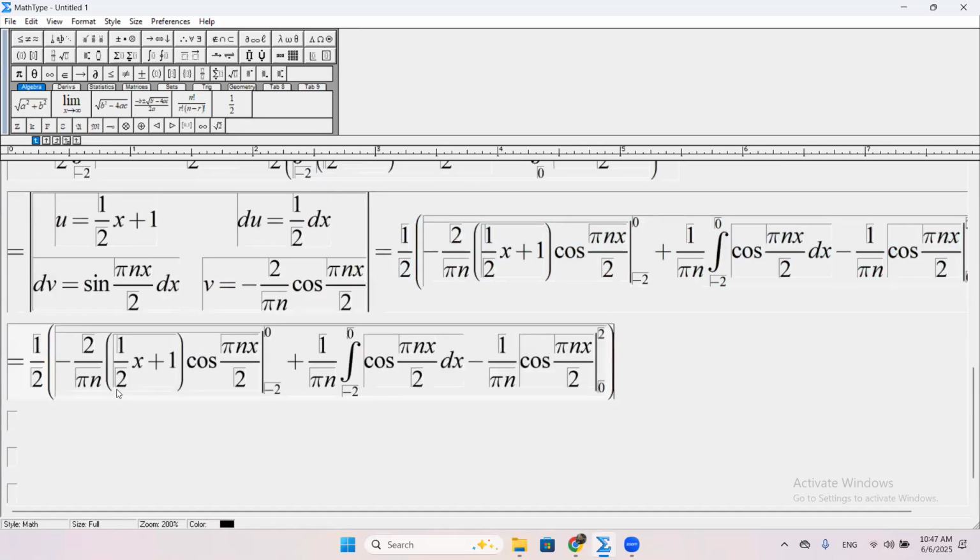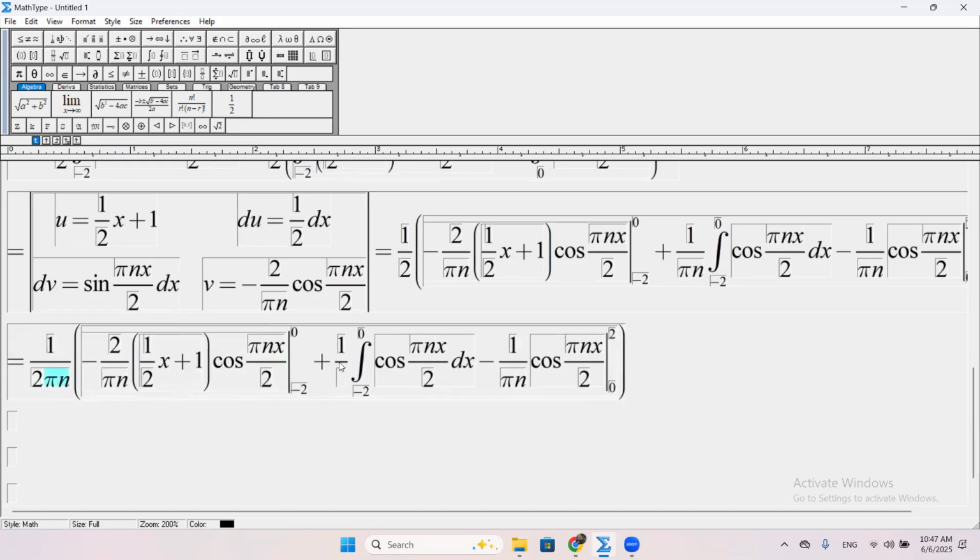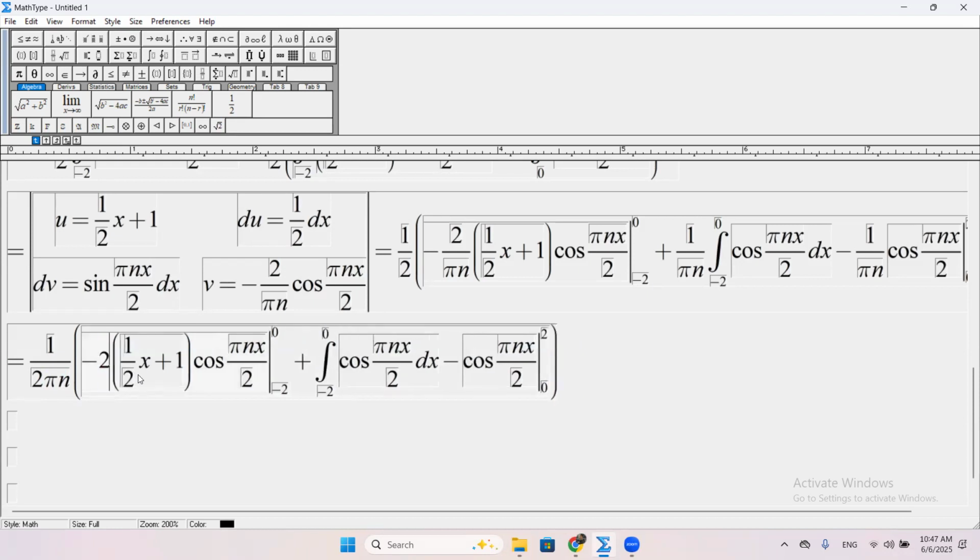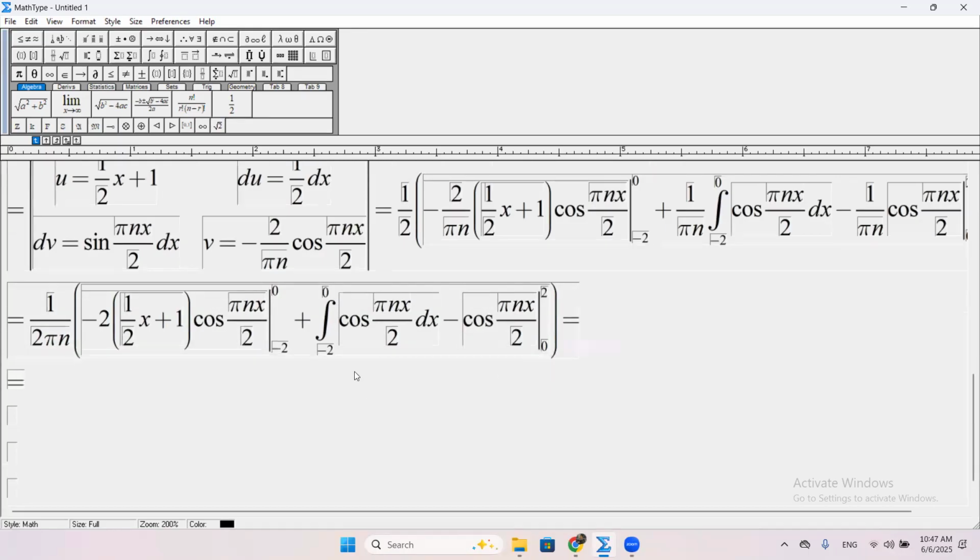So now let's simplify this expression a little bit. Let's move 1 over pi n out of brackets. It will be a little easier. Then, what next can we simplify? If I substitute 0, what will I receive?